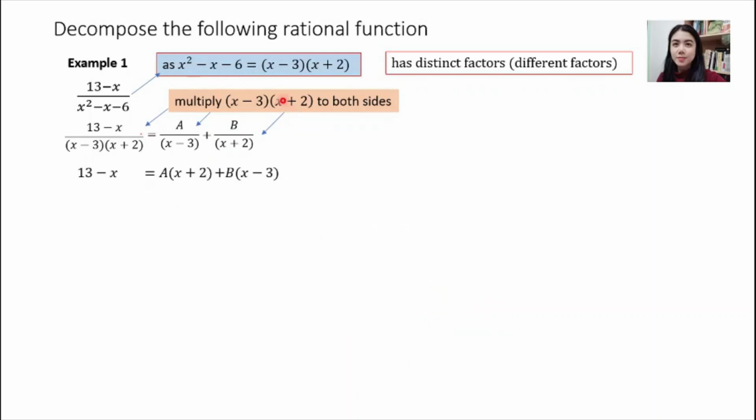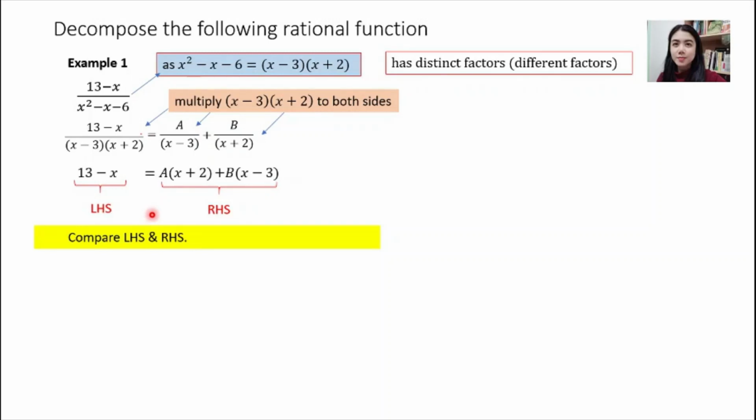After we have multiplied both sides with the denominator, you will have a new equation. So this equation, you look at the left hand side and the right hand side together. Now what you have to do next is compare the coefficients of x and the constant of both sides.